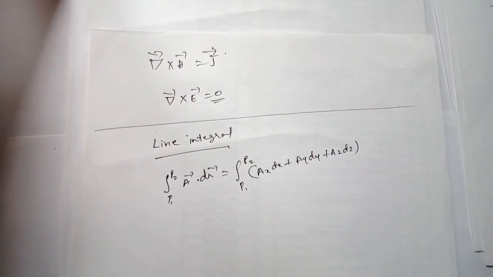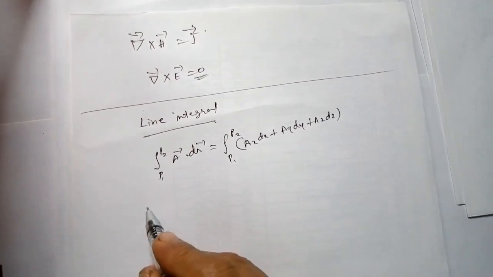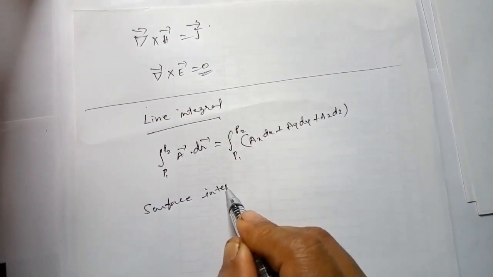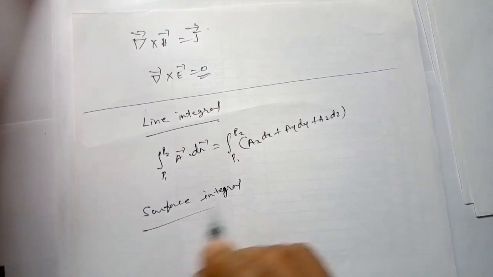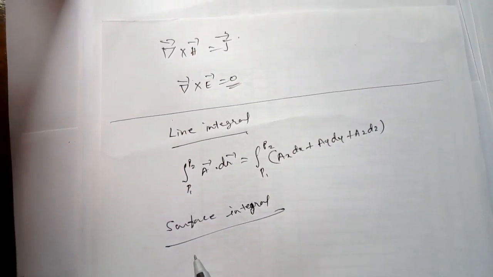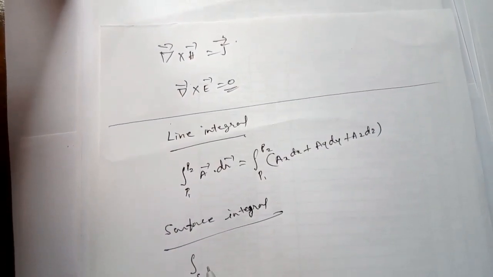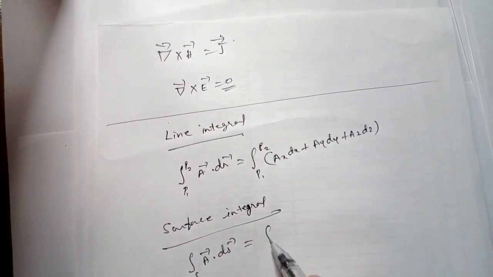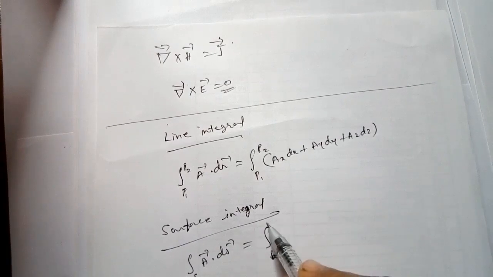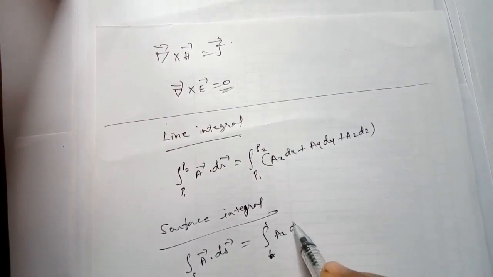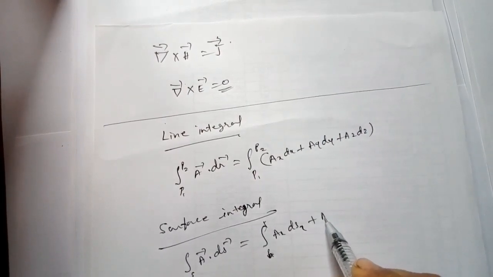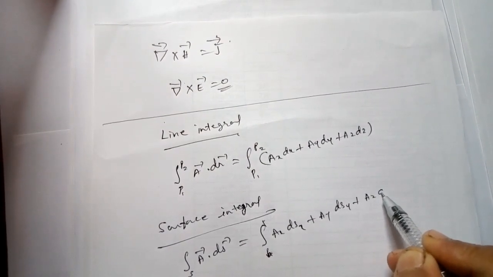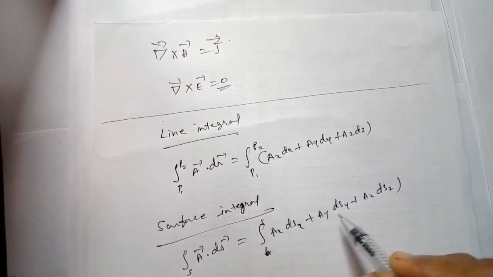Similarly, we wrote the surface integral. These things are covered in mathematics as well as in my regular class. The surface integral of A dot dS is equal to the integral of Ax dSx plus Ay dSy plus Az dSz.